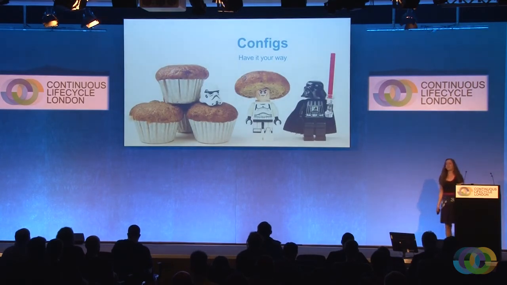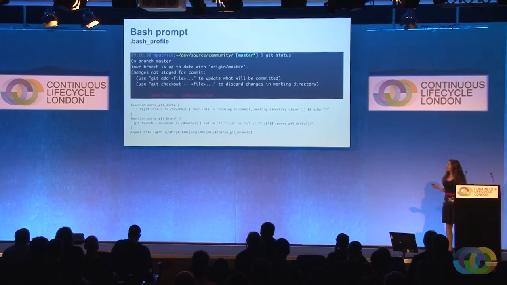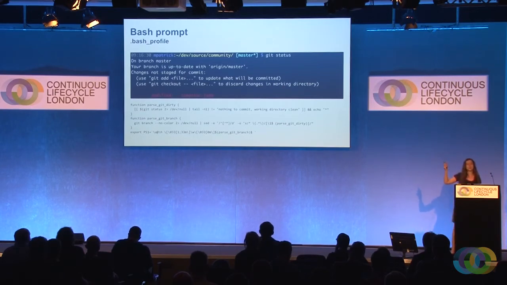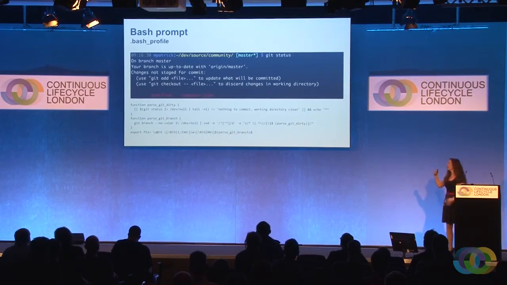There are some things you could do to prevent some of the problems we just discussed. So I configured my bash prompt just like this, so I can see the directory I'm in, and in blue I can see the branch I'm in, and also the little asterisk tells me if the branch is dirty or not, so if I have uncommitted changes in there.